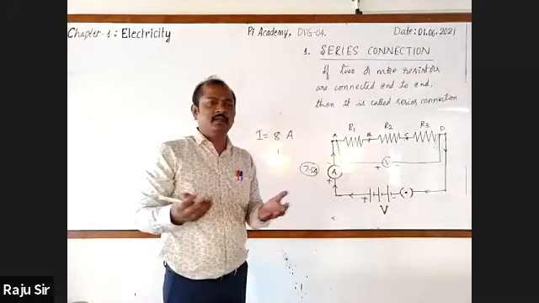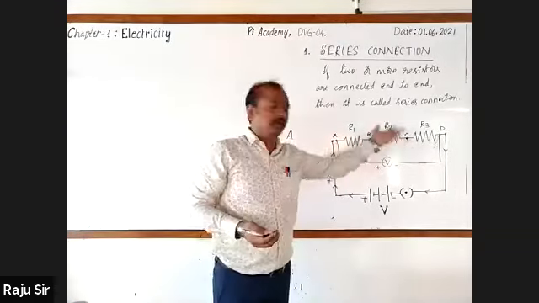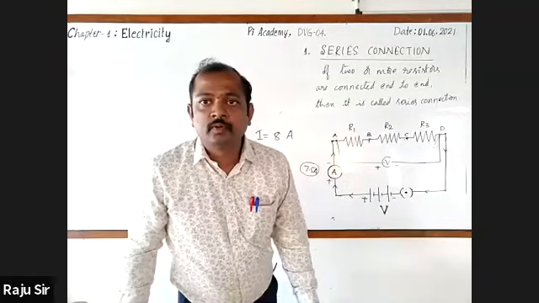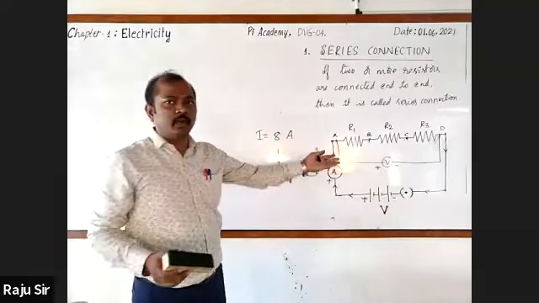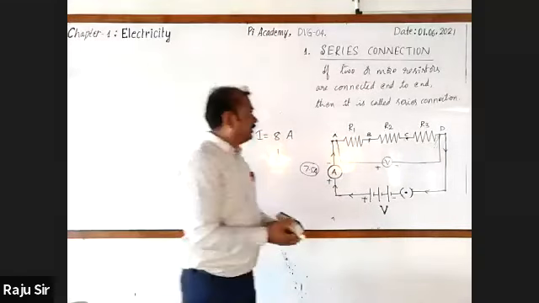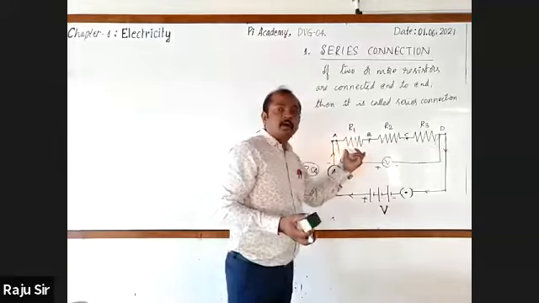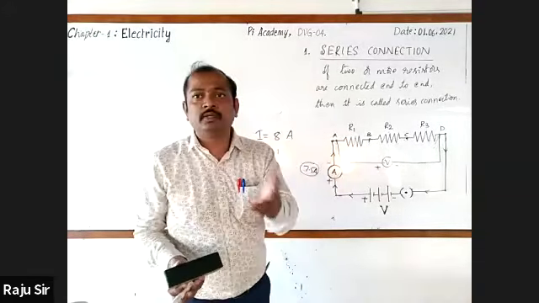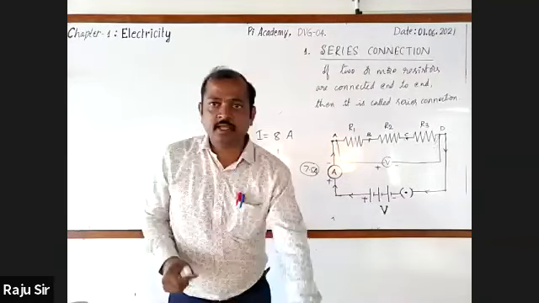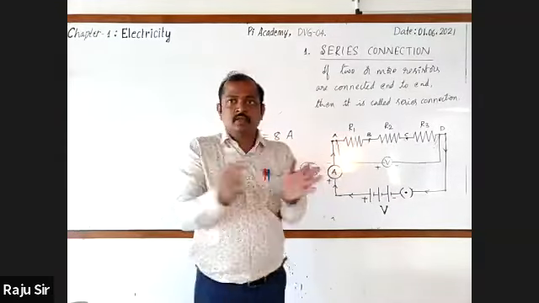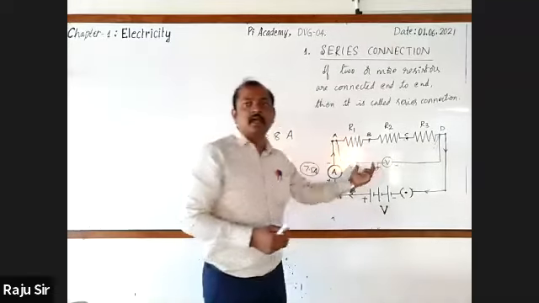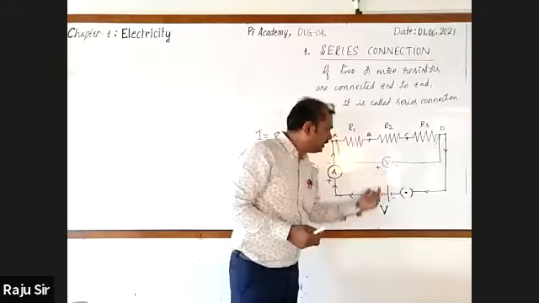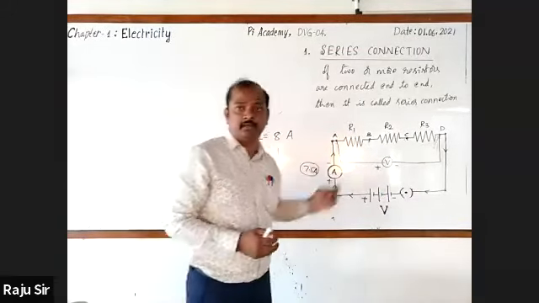Obviously, the voltage across R1, R2, and R3 together will be equal to the voltage of the battery. Only one voltmeter should be connected. It all depends on the potential difference across which resistor you want to take. As all three resistors are taken, the voltmeter is connected across the three resistors. The voltmeter reading tells us that it is equal to the voltage of the battery.